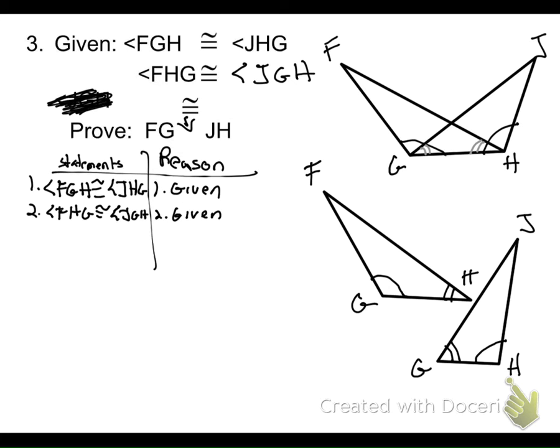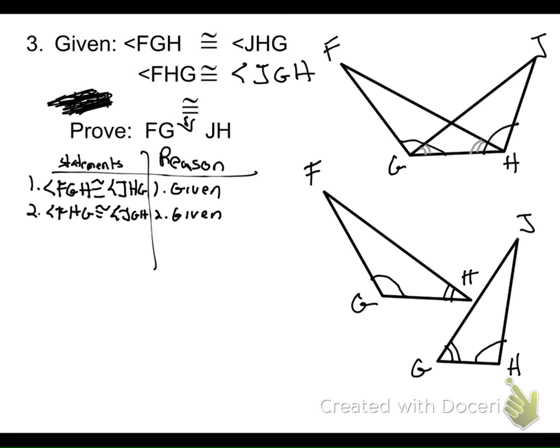Okay, looking at this picture, we now see that we have two angles: angle G is congruent to angle H, and angle H is congruent to angle G. So we have two angles in one triangle that are congruent to two angles in another triangle. So we can prove this by angle, angle, side, or angle, side, angle.